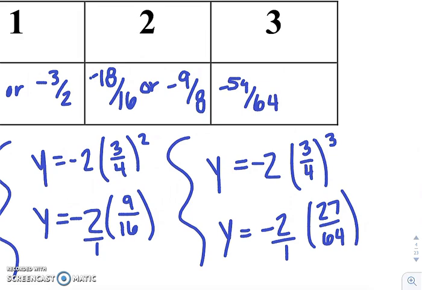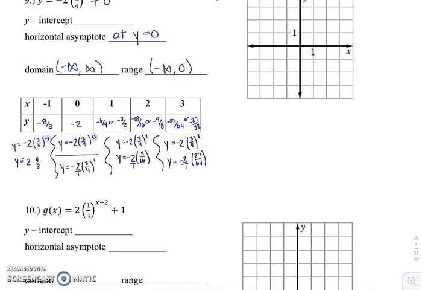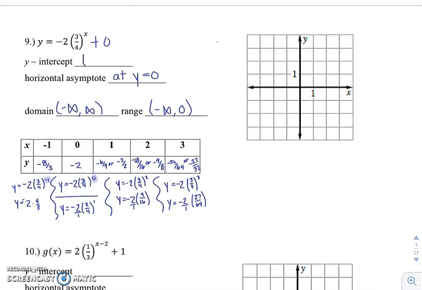And again, if you guys wanted to reduce that, you could make this negative 27/32. But again, you don't have to reduce it. You can leave it. It's okay. So y-intercept is 0, negative 2.